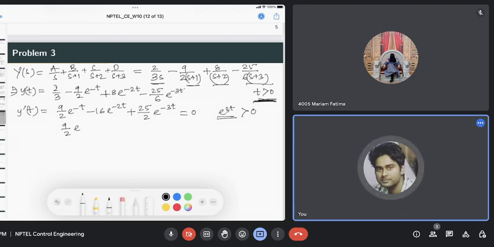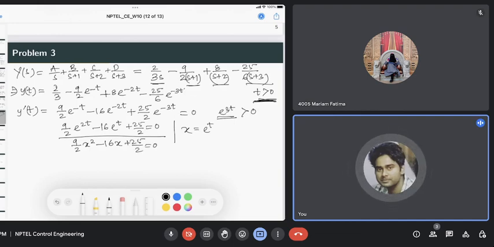So 9 by 2 e to the power 2t minus 16 e to the power t plus 25 by 2 equal to 0. Okay, now take x equal to e to the power t. So this equation will then become 9 by 2 x square minus 16x plus 25 by 2 equal to 0. Okay, so we have a quadratic equation which we can solve for x.